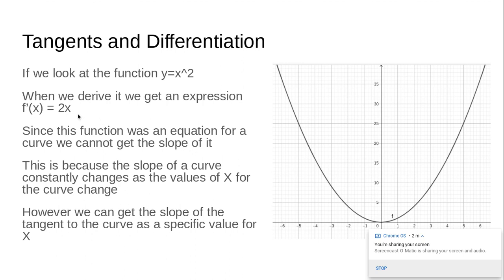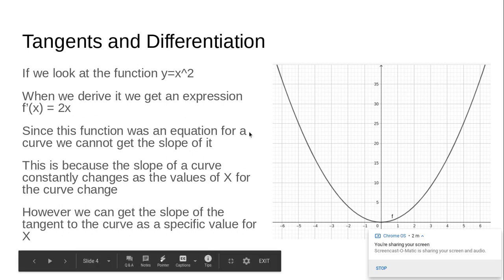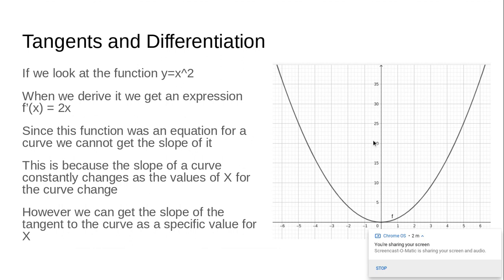When we get our dy/dx or f'(x), our derivative of our function, the answer we get, that general expression, is a first derivative. Now, because this is the equation of a curve, which I have demonstrated here, we can't get the slope of this curve. A slope is a measure of the steepness of a line, but a curve's steepness is constantly changing.